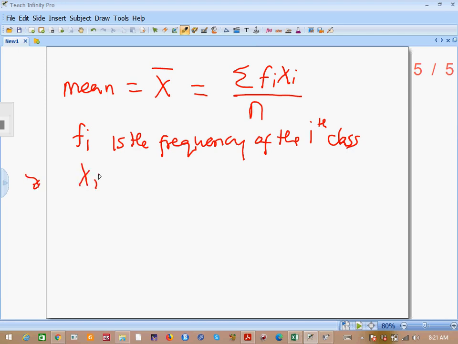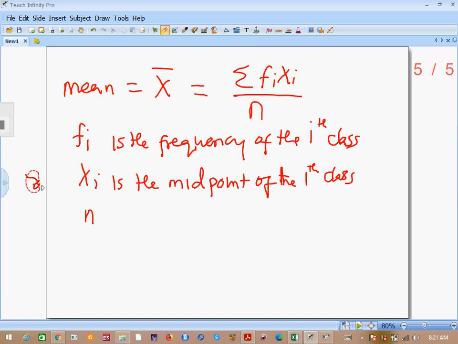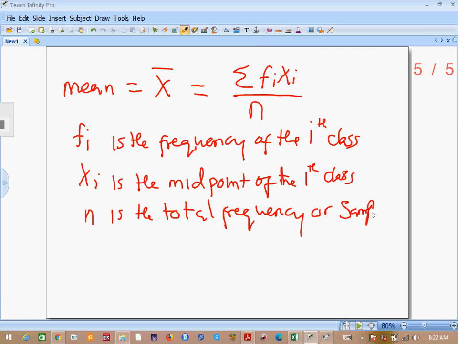Then Xi is the midpoint of the ith class, and N is the total frequency, or the sample size. Okay, so that's how we get the mean.